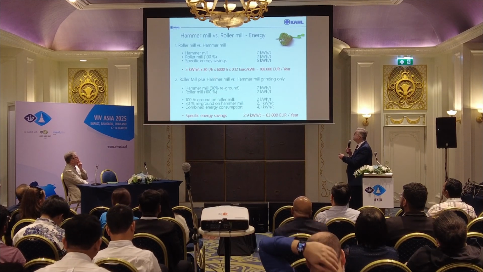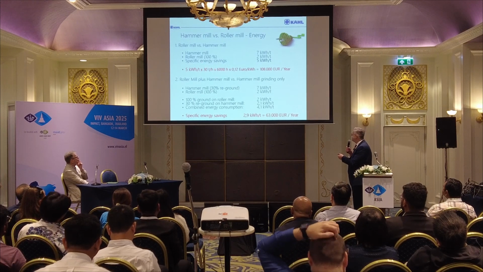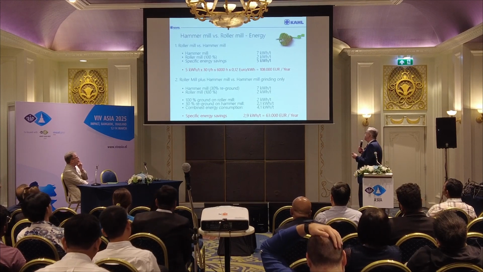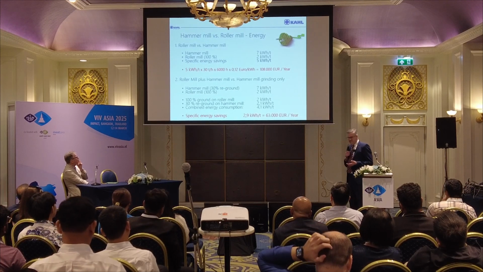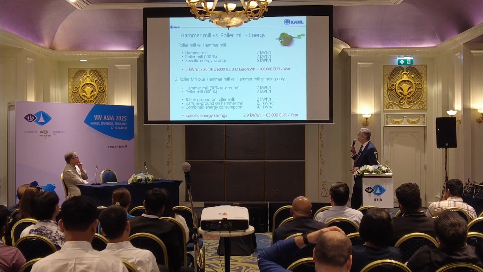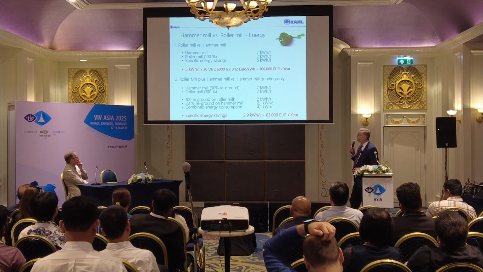If we now have 30 tons per hour, 6,000 hours and 12 euro cents per kilowatt hour energy cost, this is a saving of 108,000, more than 100,000 euros a year on electricity.